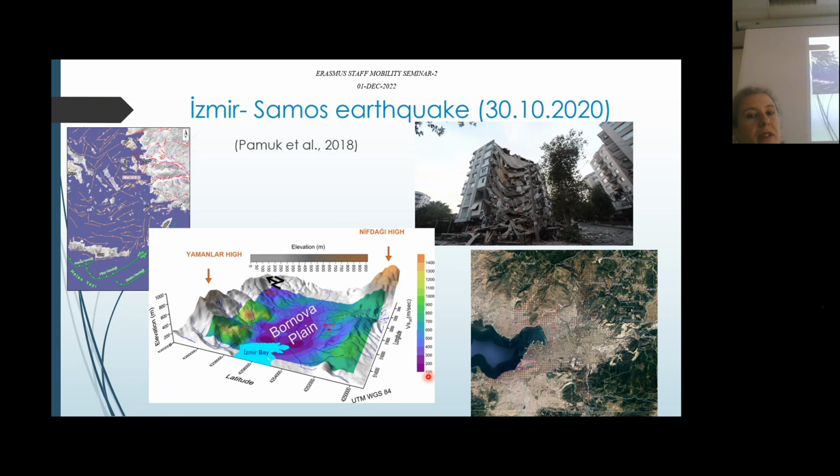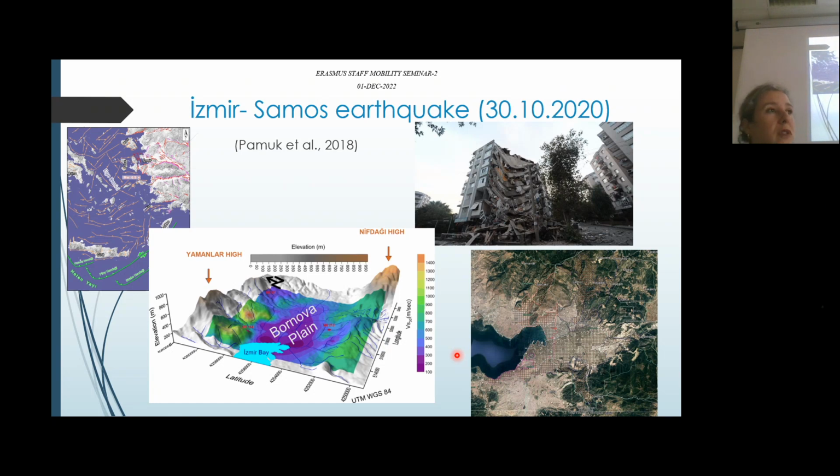So for Izmir, we had an earthquake again in 2020. It's the Samos earthquake, actually. It occurred depending on the fault system in that region, but it was really effective in Izmir regarding some special areas or some buildings that suffered a lot.